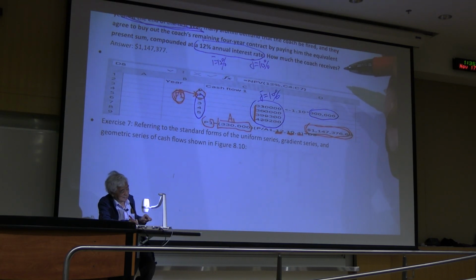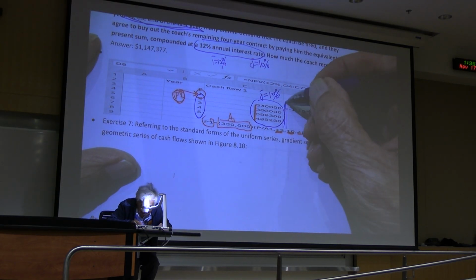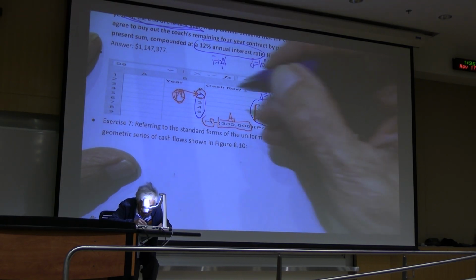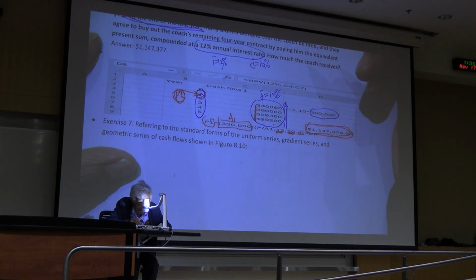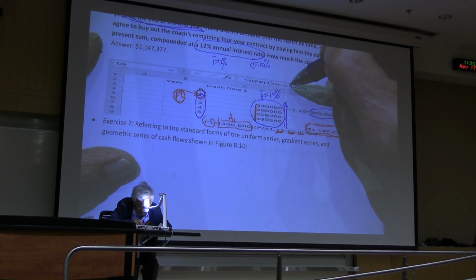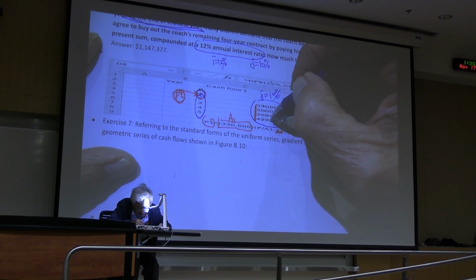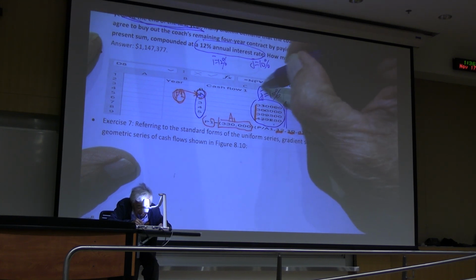And if you want to use Excel: what is the present value of those payments? Net present value at 12%, C4 to C7. C4 to C7 included the growth rate.